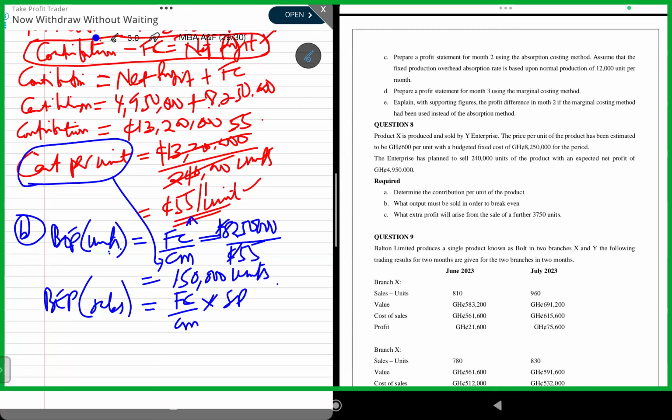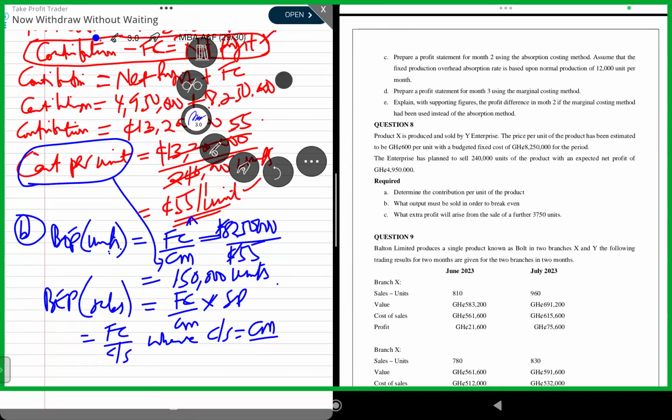Or we can say it equals fixed cost over the contribution to sales ratio, where the CS ratio equals the contribution margin, which is per unit, over the selling price, which is also per unit.